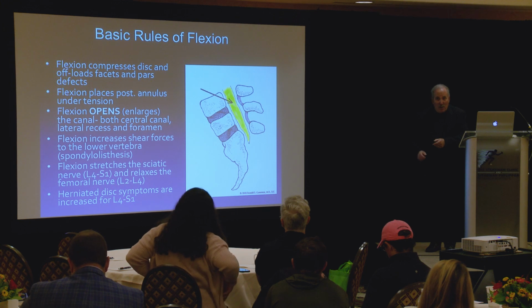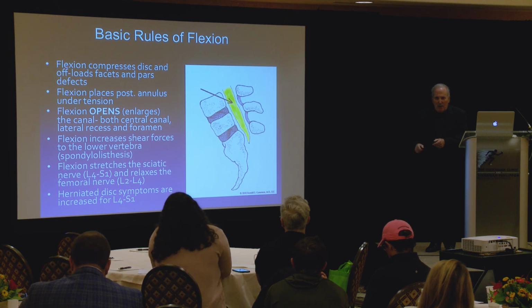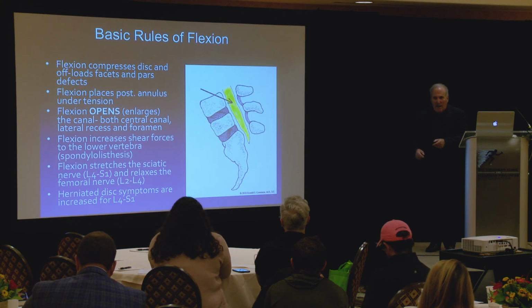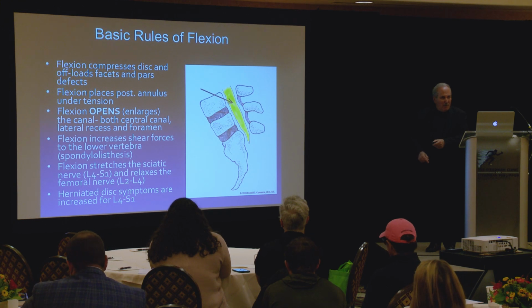You're stretching it, you're elongating it. So sciatic nerve problems, that's no good. You bend forward, they don't like you. What happens to the femoral nerve when you bend forward? It relaxes. So people with a femoral radiculopathy will like to bend forward. Patients with a sciatic radiculopathy will not want to bend forward. So little differentials that are important to remember.